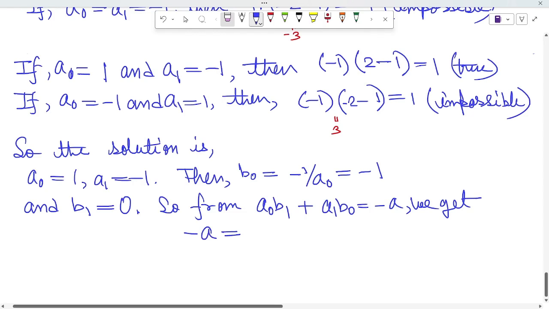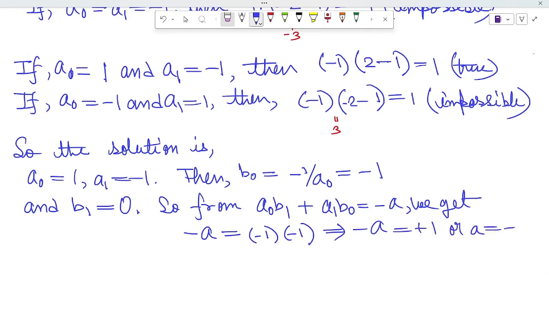B1 is 0, A1 is minus 1, B0 is again minus 1. So it implies that minus A equals plus 1, or A equals minus 1. This was the only solution, so our proof is complete.